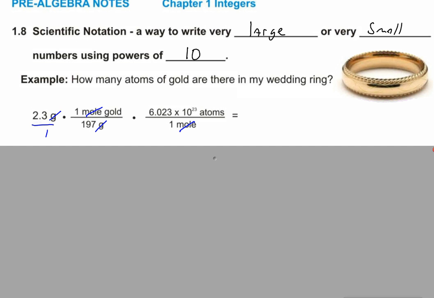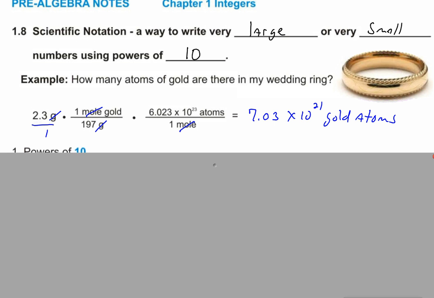If I take my calculator and multiply 2.3 times 6.023 times 10 to the 23rd, and divide by 197, I get 7.03, and this is a big round off, times 10 to the 21st gold atoms.